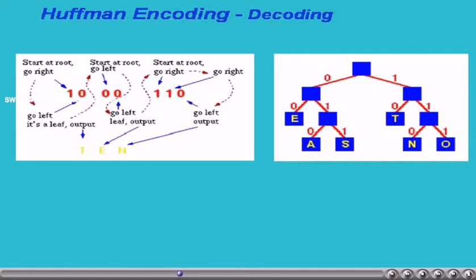We start from the root, and as the bit value is 1, we go right. The next bit is 0, so we come left. When we do so, which symbol is there in the tree? T is there. Thus the symbol is T.